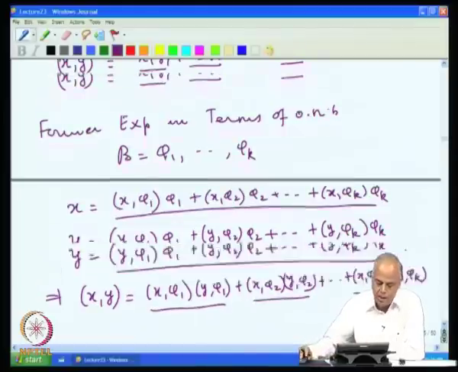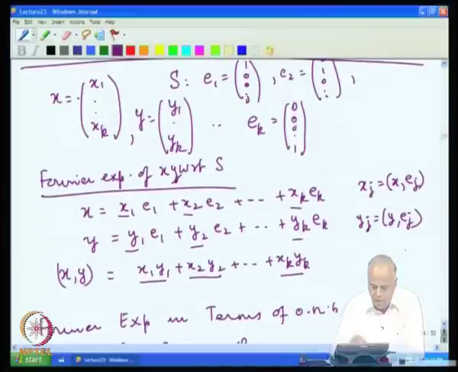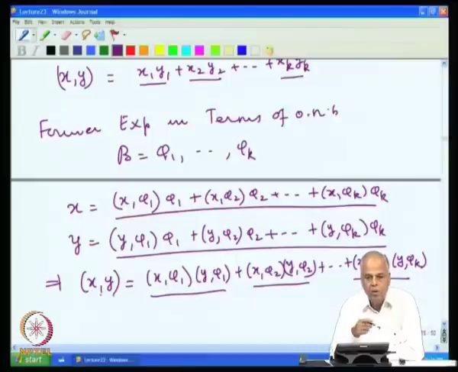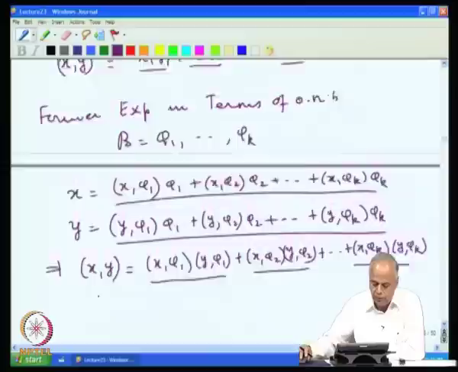So, whether you choose the standard ordered basis, namely E 1, E 2, E k, or whether you choose any arbitrary orthonormal basis, the inner product is always the sum of the products of the corresponding Fourier coefficients.